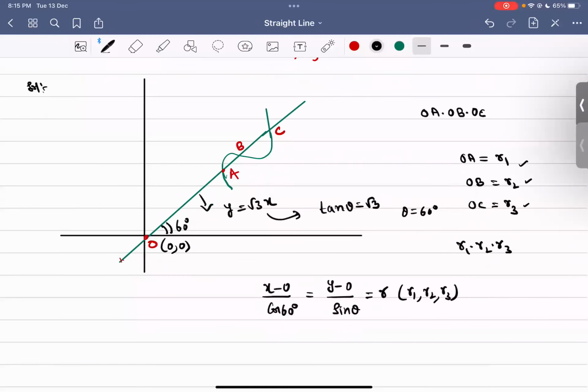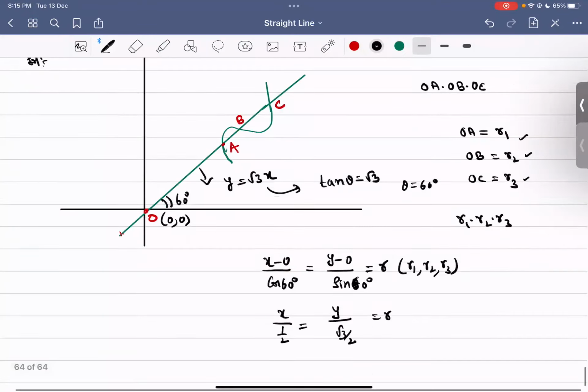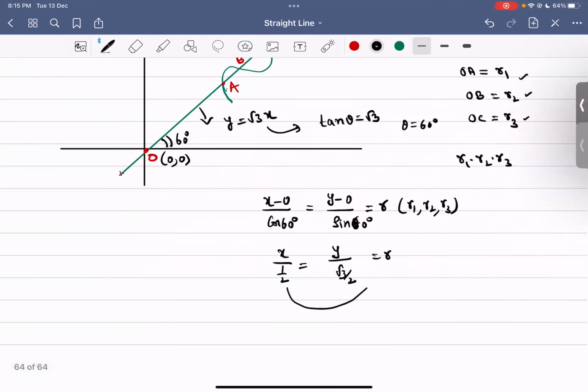Now the variable point coordinates: x by cos 60, which is 1 by 2, and y by sin 60, which is root 3 by 2, is equal to r. From this you get x is equal to r by 2, and y is equal to root 3 by 2 r.